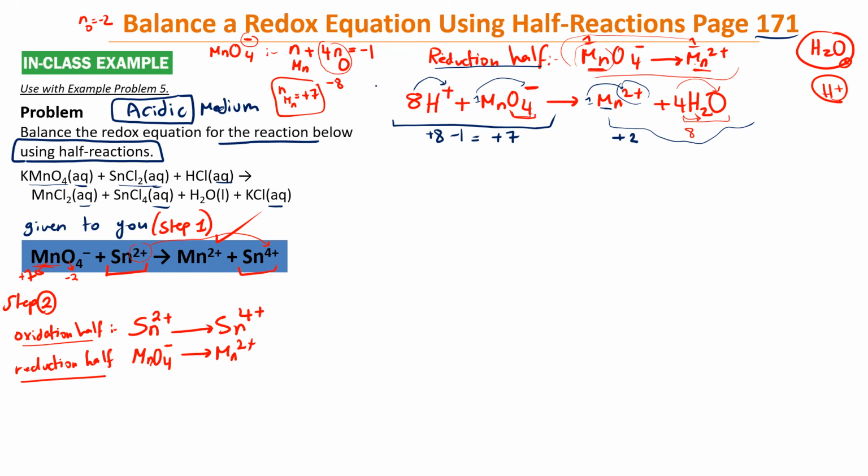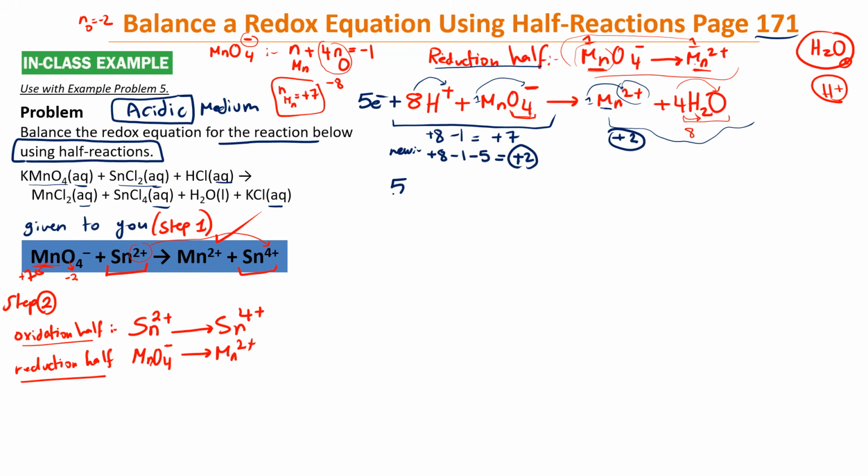So how many electrons should I add here to make +7 equal +2? Exactly, I should add 5 electrons, because now the new charge will be +8 -1, and with 5 electrons, -5. So it will be +2. So now the charge is balanced.